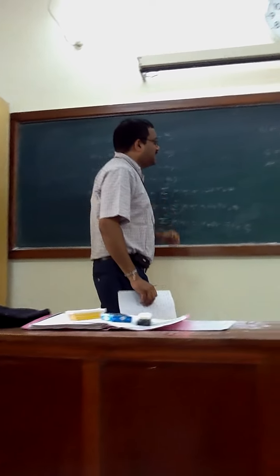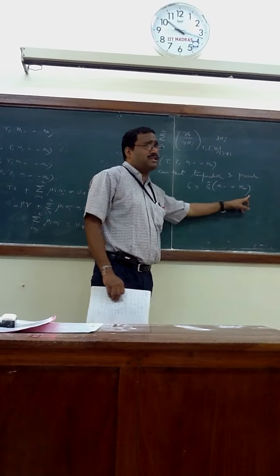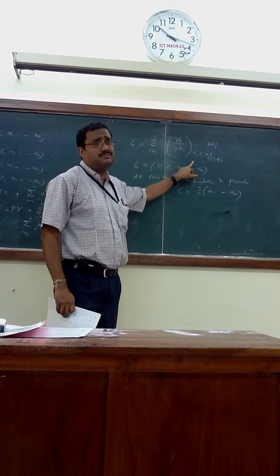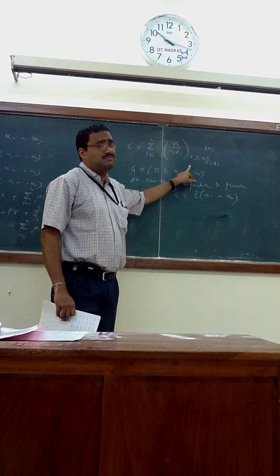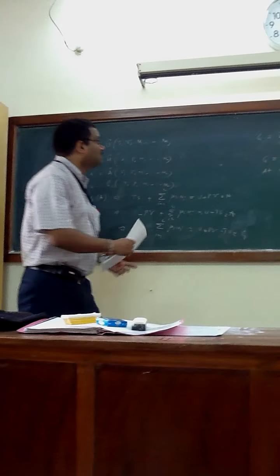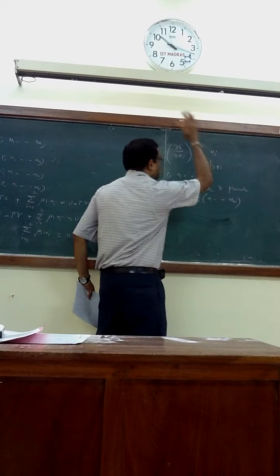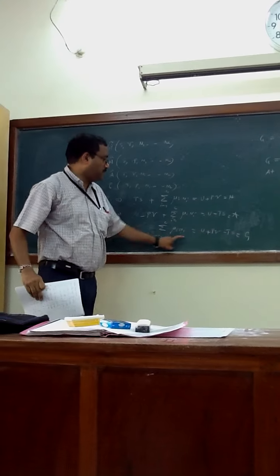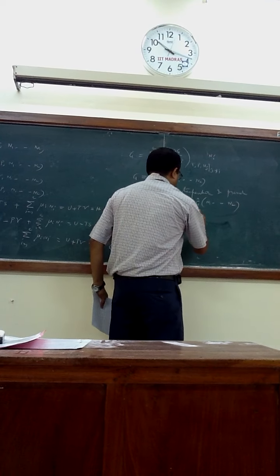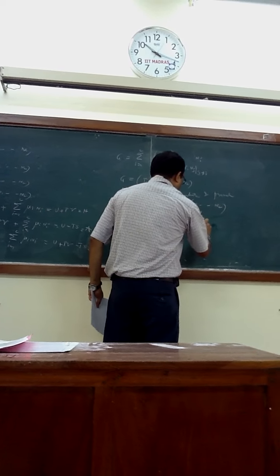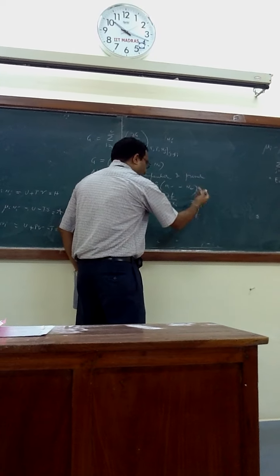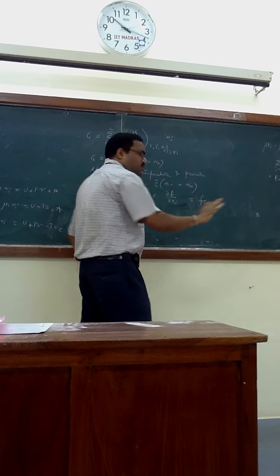So in that case, if G is a function of N1 to NC, I can still write Euler's theorem. Euler's theorem is: summation x_i ∂f/∂x_i equals n times f, where n is the order of the function, and ours is 1.